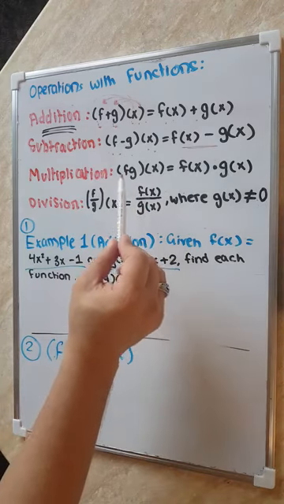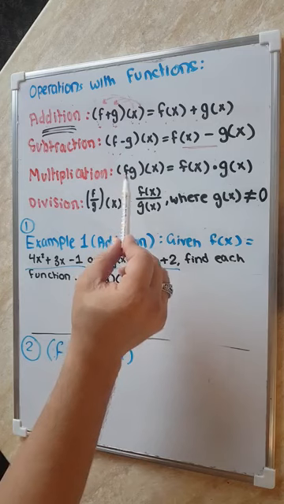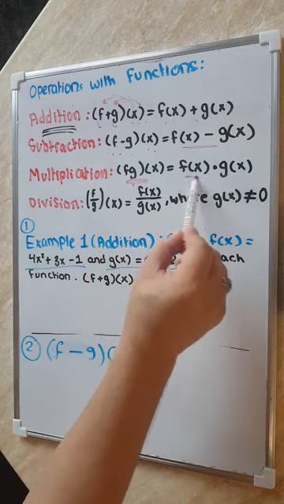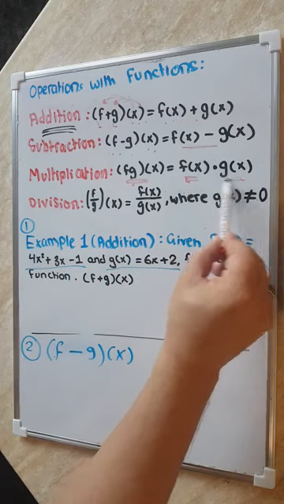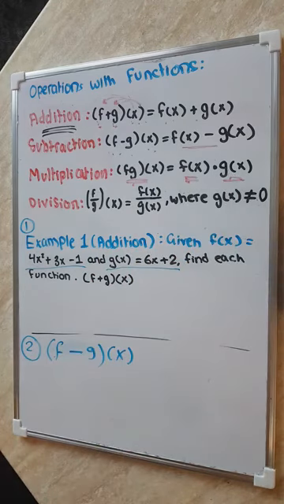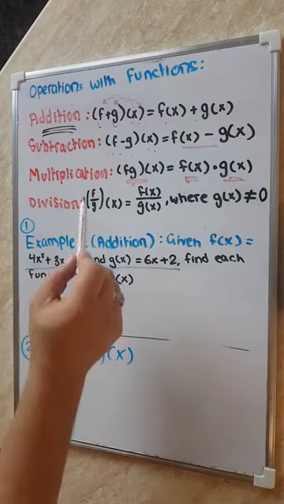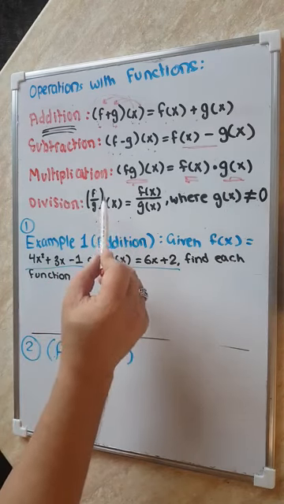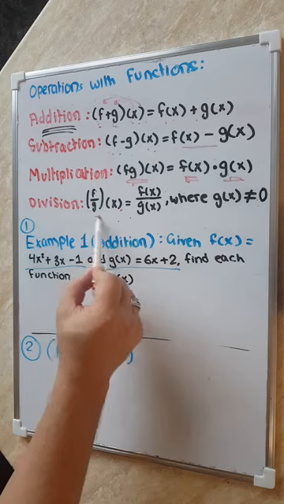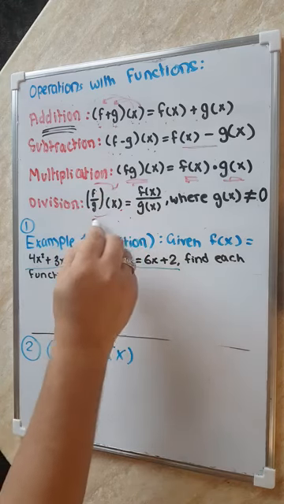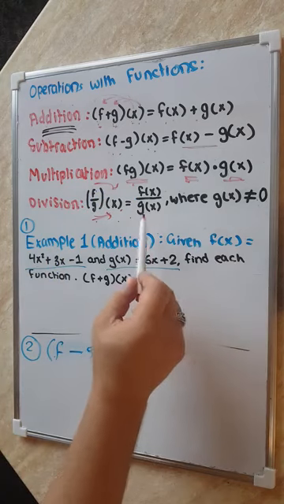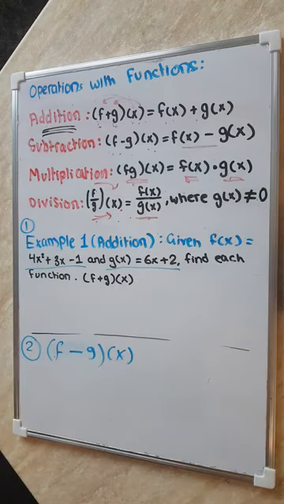Multiplication is the same: f times g of x is f of x multiplied by g of x. Division as well: f over g of x equals f of x over g of x, like you are distributing. For sure, the denominator is not 0.